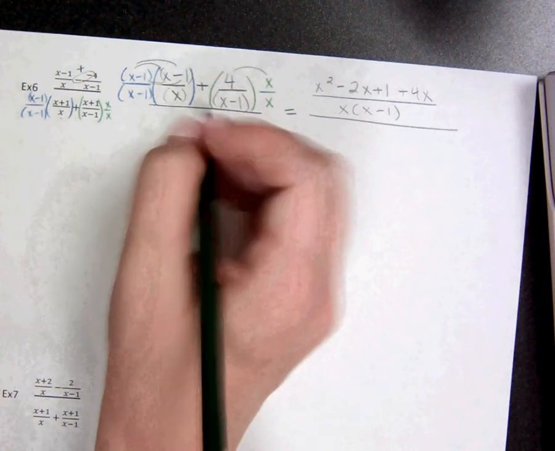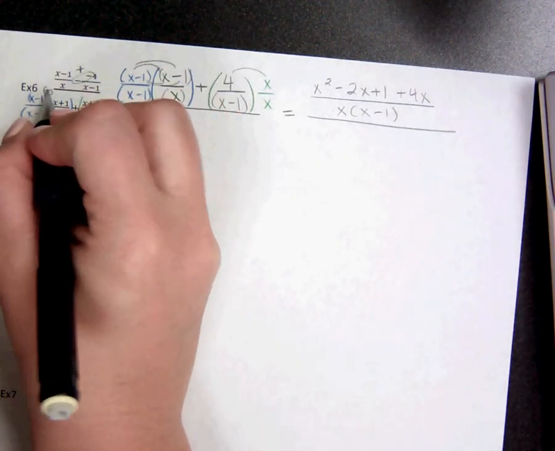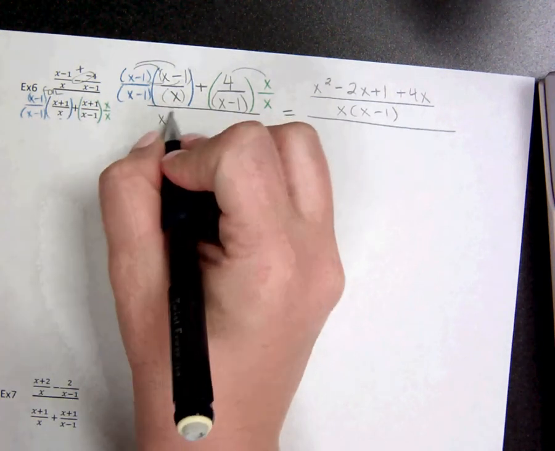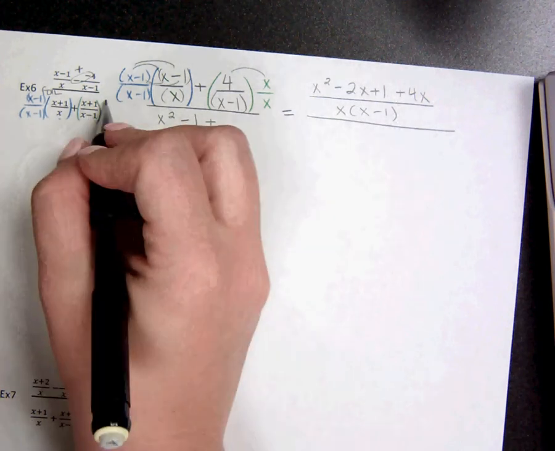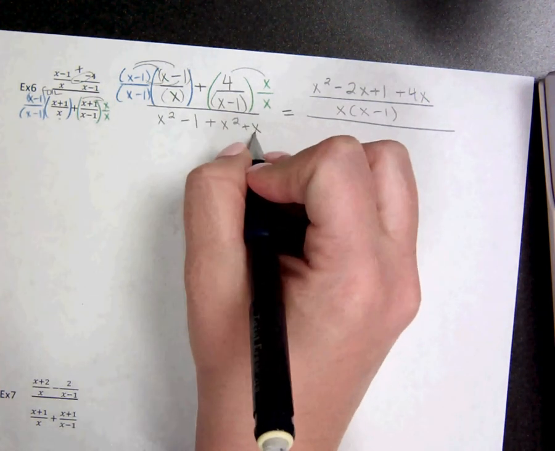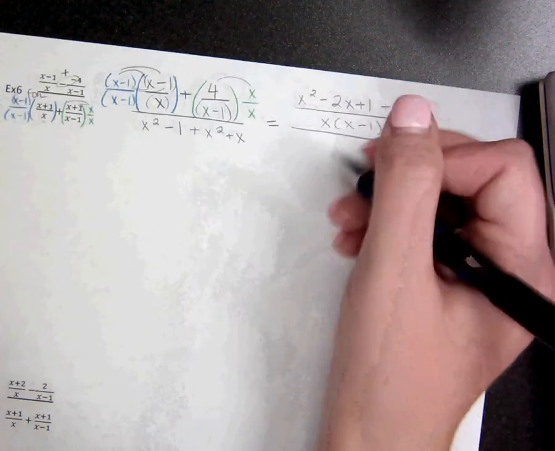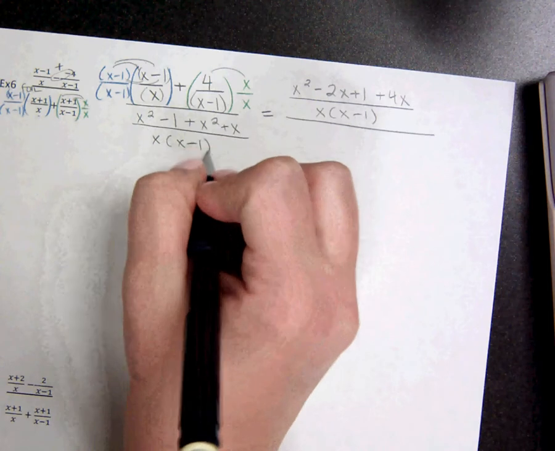You can write it under here. Either way is fine. We're going to have to FOIL this one. That should give us x squared minus 1 plus, we're going to distribute that, x squared plus x. And then over x times (x minus 1).